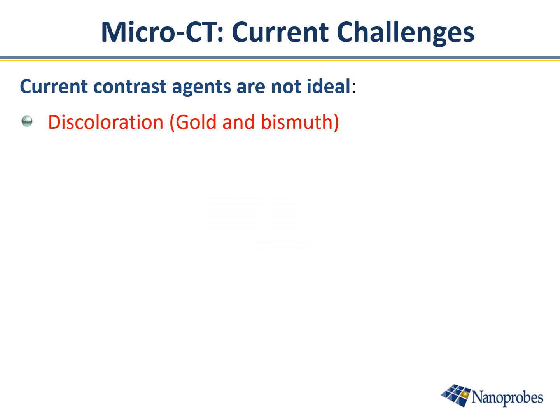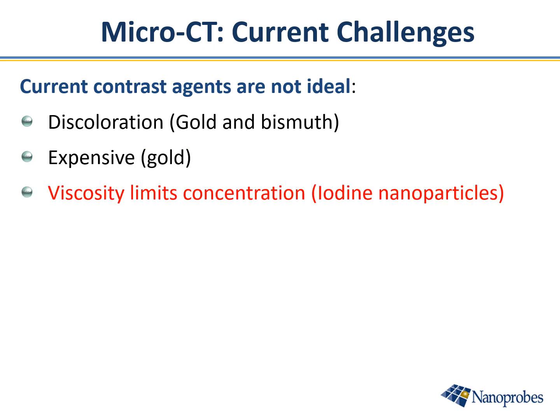Current challenges with micro-CT with contrast agents are varied. They include discoloration, which is a problem with gold and bismuth agents. Gold is expensive, so it's expensive to acquire enough gold to run large or diverse experiments. Viscosity can limit concentration. It's a particular problem with many iodine formulations.